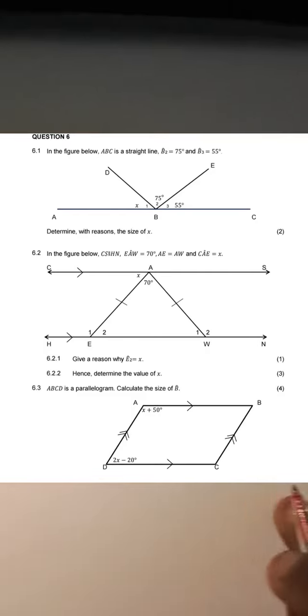Now they say give a reason why angle E2 would be equal to X as well. So why, guys? Why would angle E2 be equal to X for 1 mark? What is the reason? Why is angle E2 also equal to X?